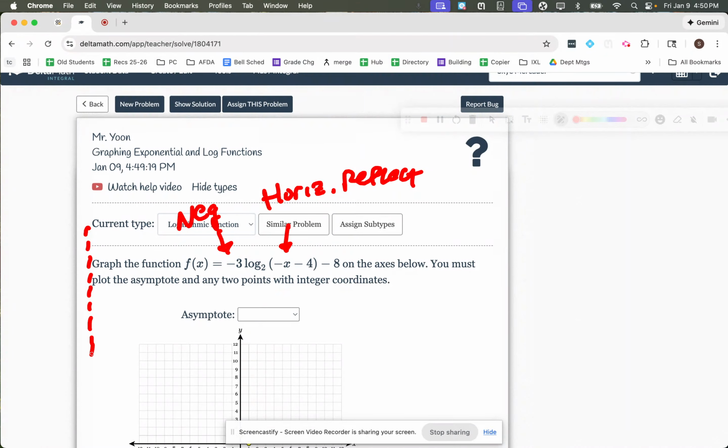Of course, there's going to be a vertical asymptote, but our graph is going to be on this side of the vertical asymptote. Furthermore, instead of ascending like it normally does, I predict it will descend on this side of the vertical asymptote, because this is a vertical reflection. And the fact that it's on this side of the asymptote is the horizontal reflection part.